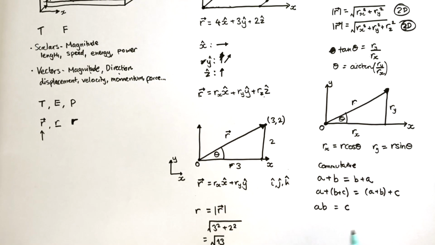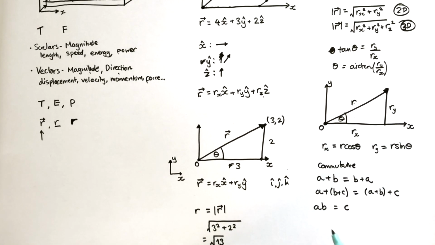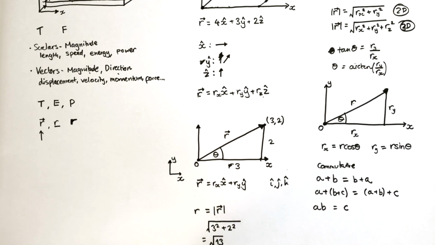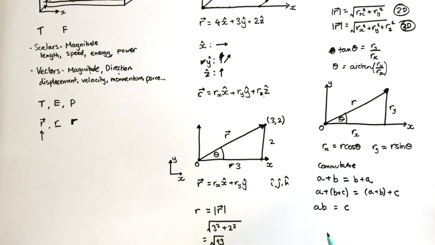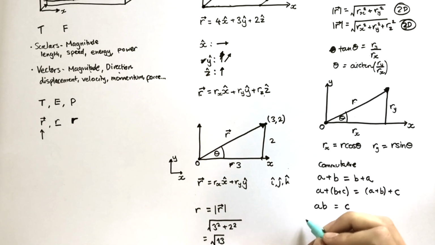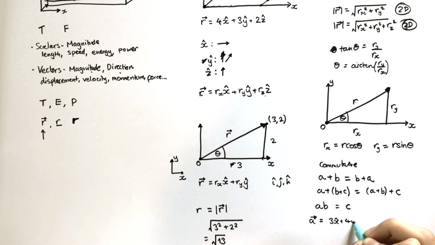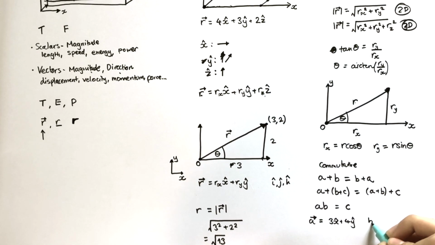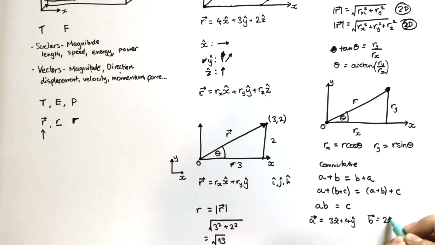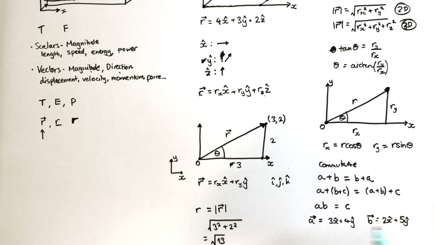Vector algebra behaves almost as you would expect, with a few slight things that you have to bear in mind. Components of a vector add together. So say we have a vector A, which is 3x hat plus 4y hat, and another vector B, which is 2x hat plus 5y hat. We need to add the x hat components and the y hat components, but we have to do that separately.